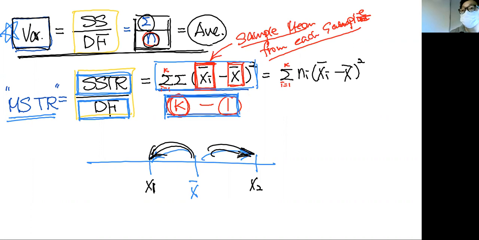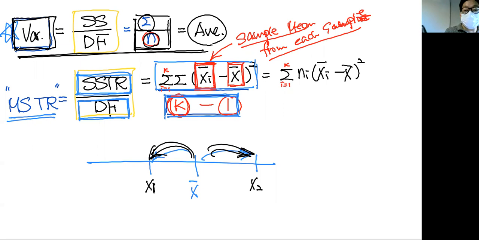The squared distance, right? The variance was the measure of the variation, but actually it is the average distance from the center to measure the variation, right? So it is actually the average, right?